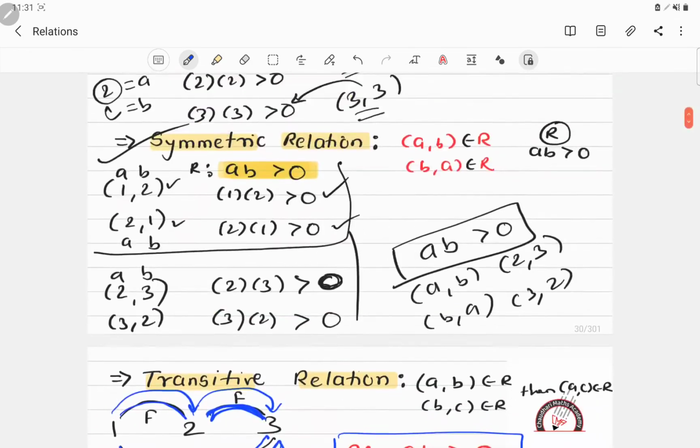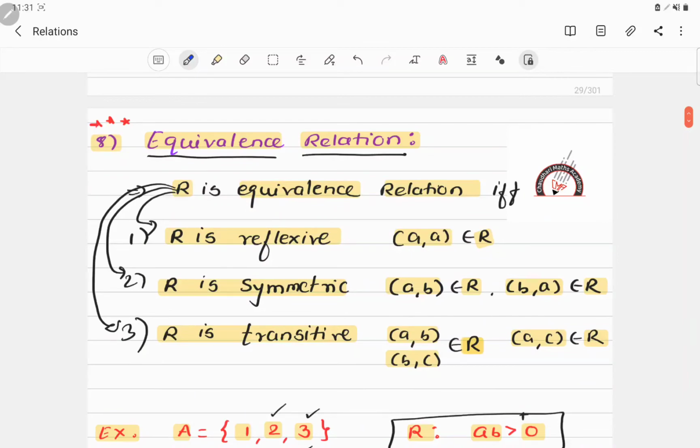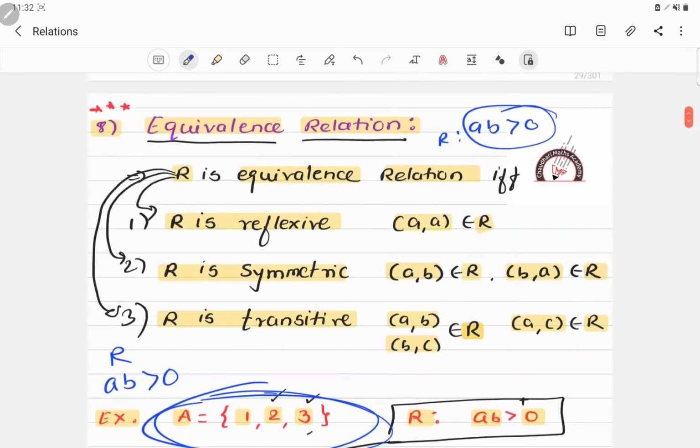So what is your observation about this entire example, my friends? We talked about the relation ab greater than 0 over this set A, and it is coming as reflexive, it is coming as symmetric, it is coming as transitive.